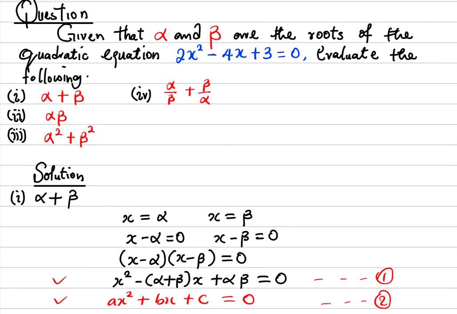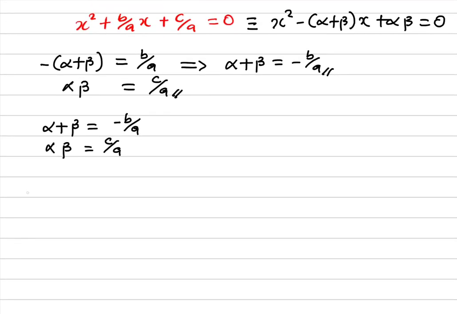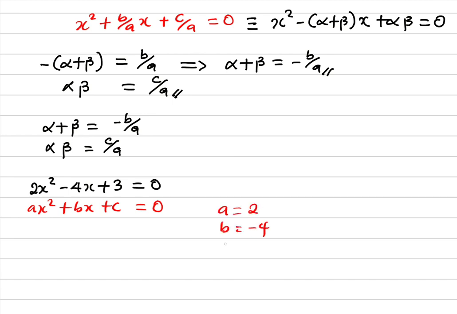Now, to actually work this question, I remember we are given the equation 2x squared minus 4x plus 3 equals 0. When I compare with the general quadratic equation ax squared plus bx plus c equals 0, comparing the terms, I can see that my a is equal to 2, my b is equal to minus 4, then my c is equal to 3.